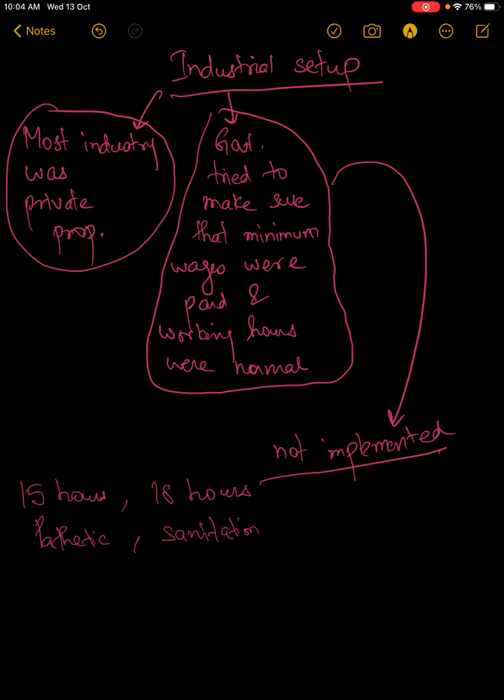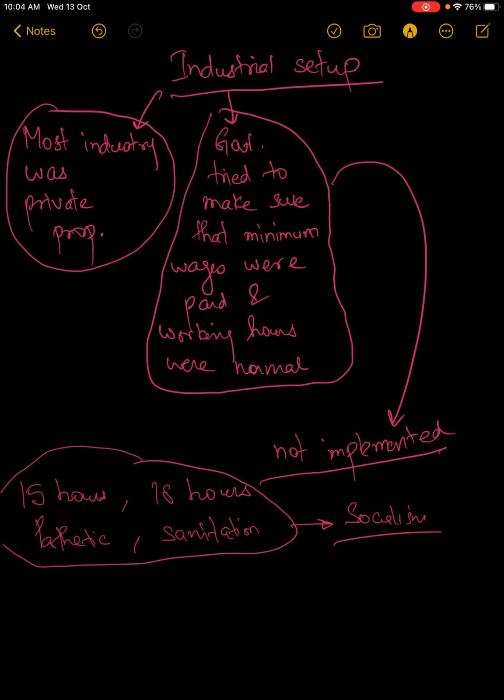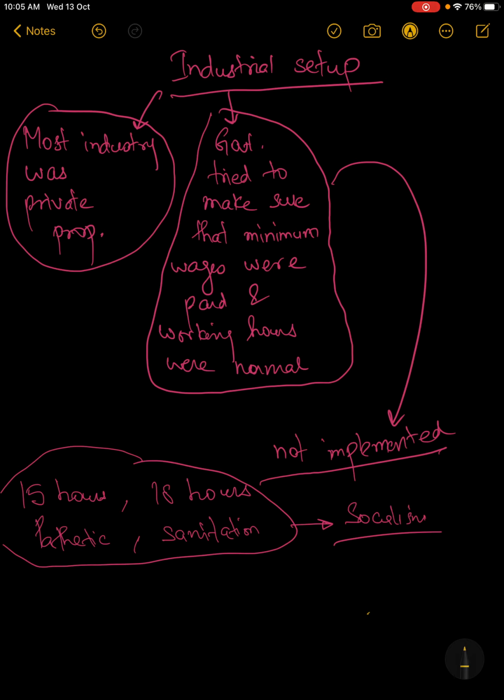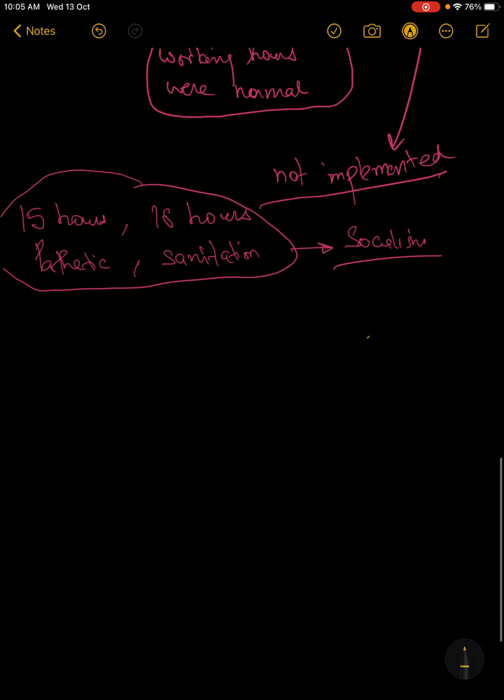Now you begin to realize it is the same problem which socialism was essentially trying to tackle. It crept into the Russian industrial setup as well. So basically, workers were living a sad life in a nutshell.